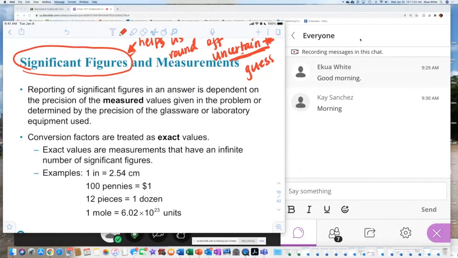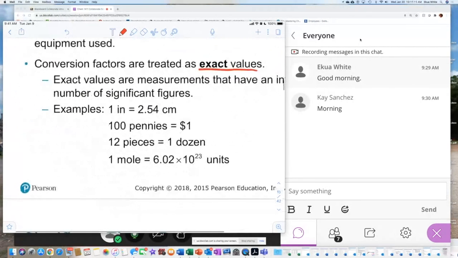Before we talk about reporting significant figures, comparing measured values, exact values with guess values, we have to learn what exact values are. So you're given examples here. These are considered exact values because they don't change based on the situation. 1 inch is equal to 2.54 centimeters. This is an equality.